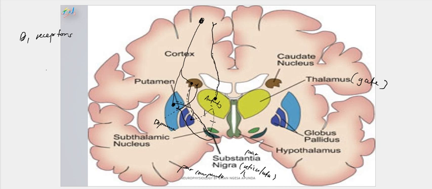Now we've modulated our motor signal as we were passing through the basal ganglia and the thalamus. Now we are returning that information in a tuned way. That means that we've been able to gauge the right intensity of movement that is required. So some movements that are not required will be inhibited. So the inhibition comes through these other pathways.